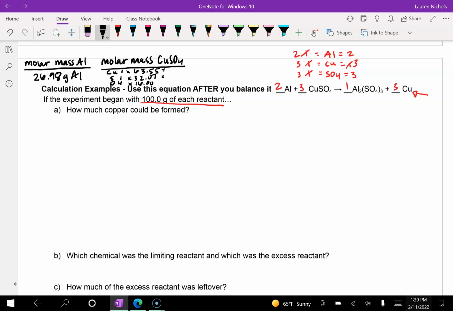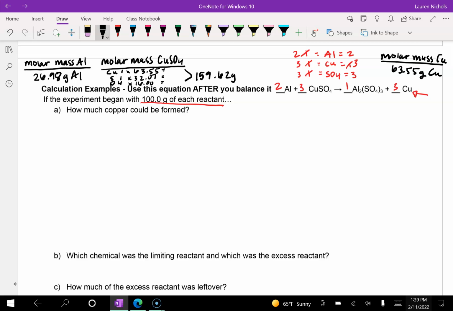Sorry that I'm writing this so small, but I want to save our space for the real work of the T-charts. So if we add this together, 16 times 4, when we add it all together, we get 159.62 grams, okay? And then the molar mass of just copper is 63.55 grams.